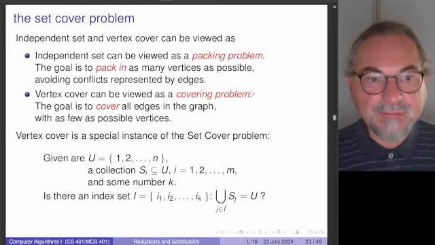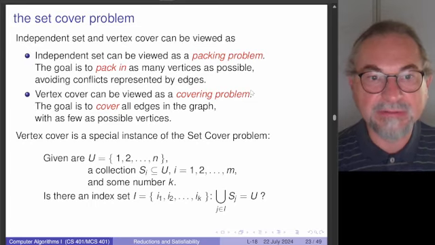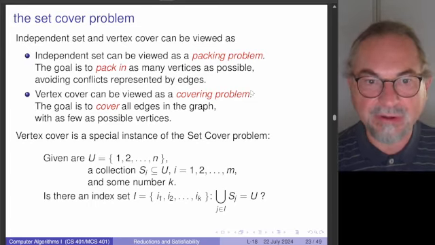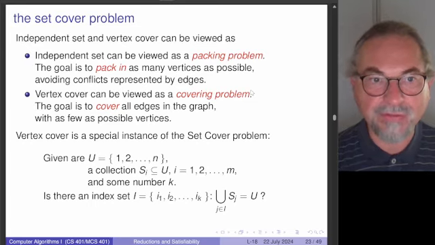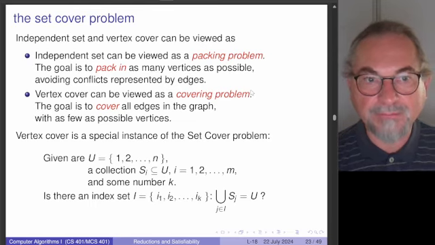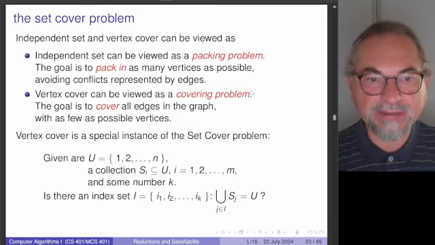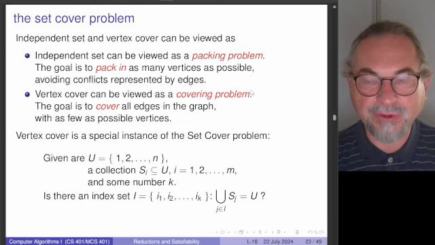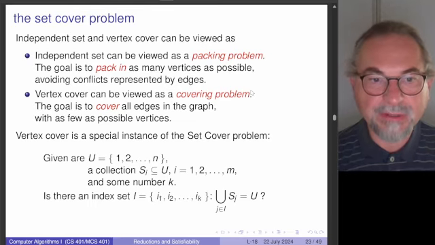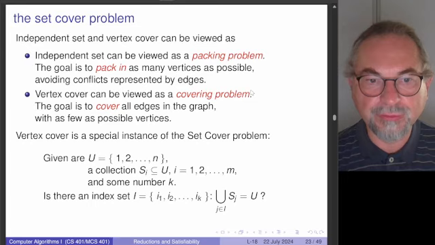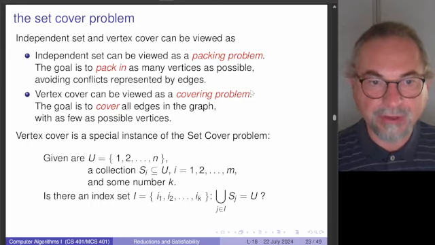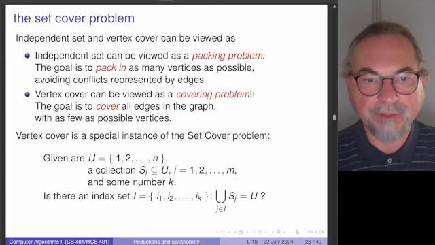Here, vertex cover is a special instance of the set cover problem. So we're going to generalize the vertex cover problem, which is now stated here. You have a number of items and a collection of subsets, and a number.